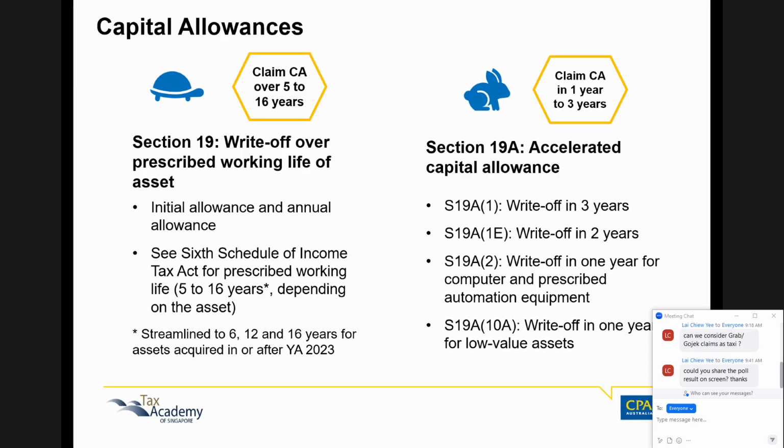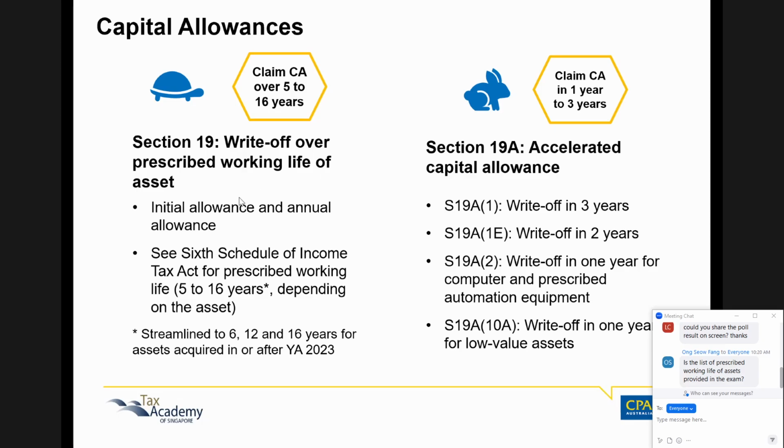One is under section 19, where we write off over the prescribed working life of the asset. Then this can be quite long, 6, 12, 16 years from YA 2023 onwards. And before that, again, for those who were not here last week, our exams will be for YA 2022.